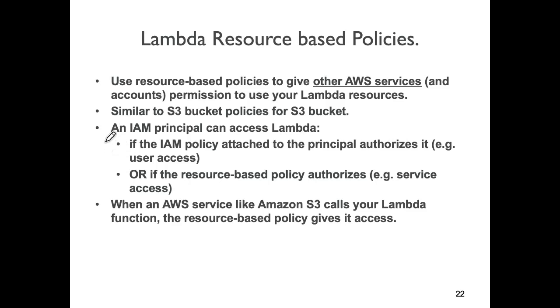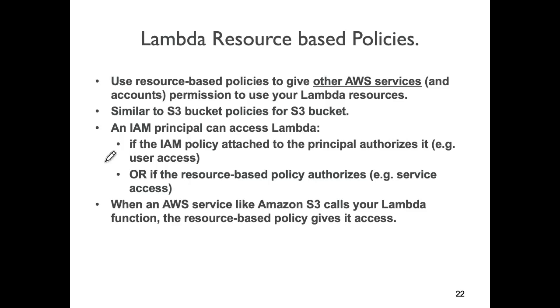It doesn't really apply to the Lambdas that we're writing so far because we're invoking them directly using a URL. But when we start talking about, for example, API Gateway, then API Gateway is just another service which can invoke a Lambda. And for that service to be able to invoke your Lambda, it has to be specified in that Lambda's resource-based policy that the API Gateway is allowed to do that.